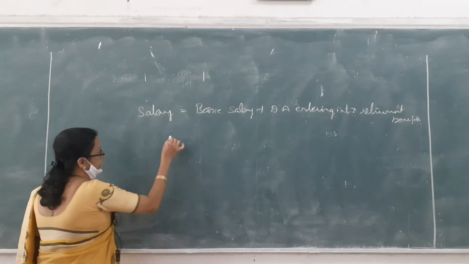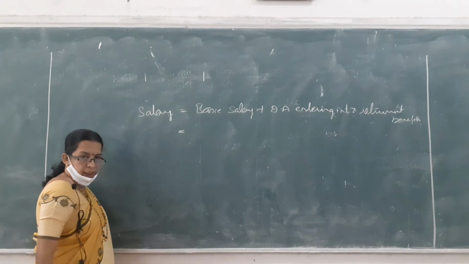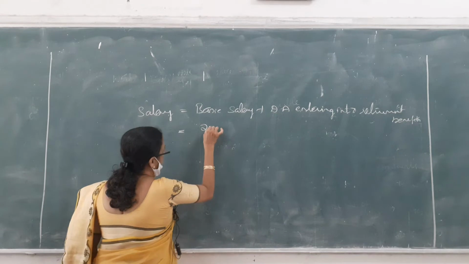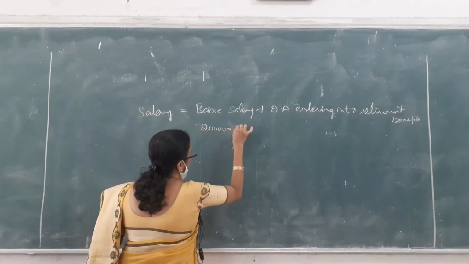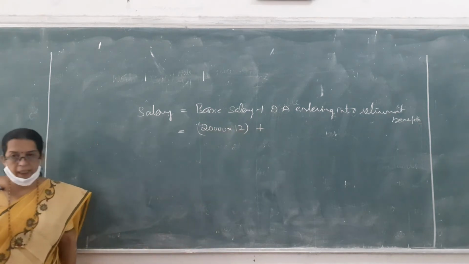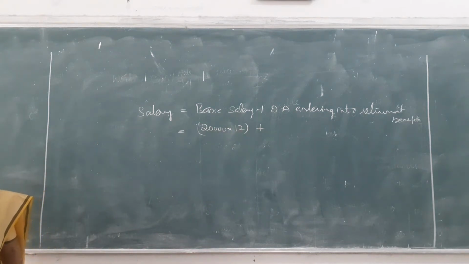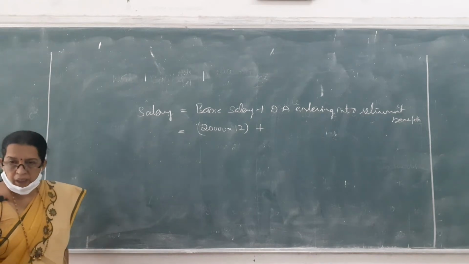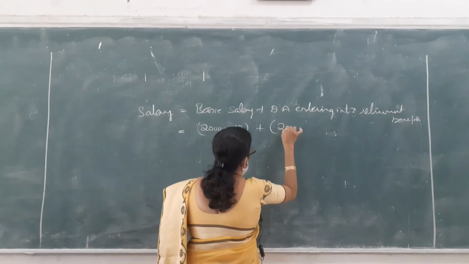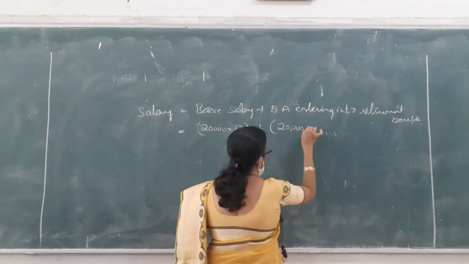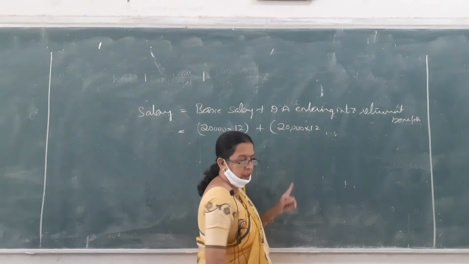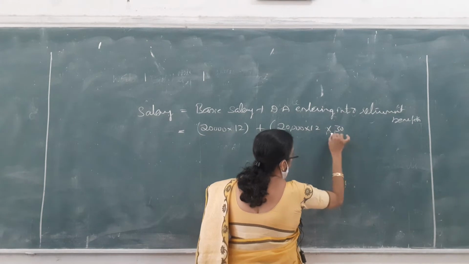What is the basic salary here? 20,000 per month, means 20,000 into 12. This is the basic salary plus DA entering into retirement benefits. What is the DA here? 30% of basic salary. Basic salary is 20,000 into 12. In that, 30% is DA.